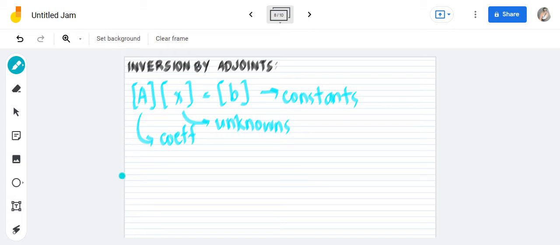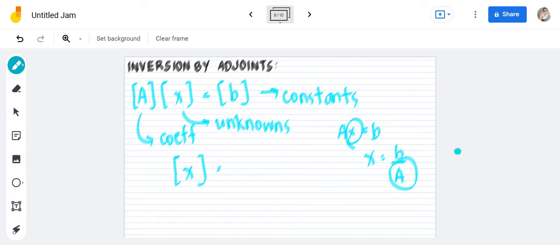So for an equation AX equals B, solving for X, that can be written as B divided by A. But again, in matrices, we have no division.